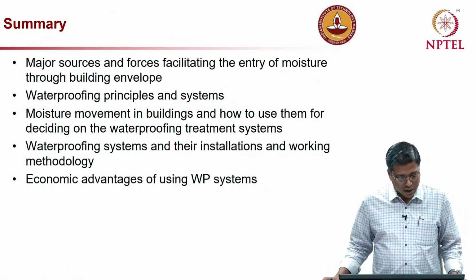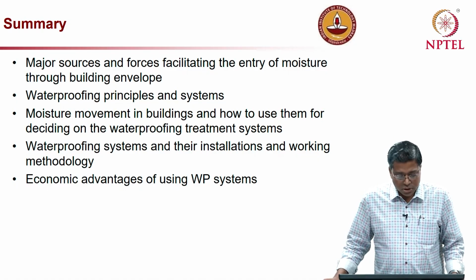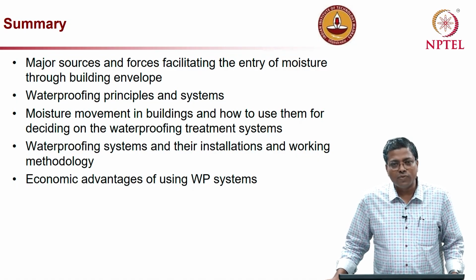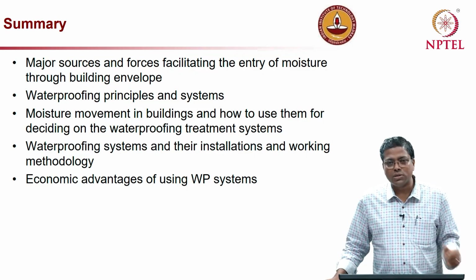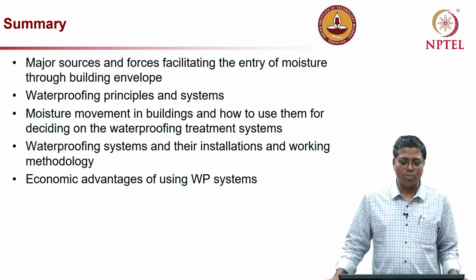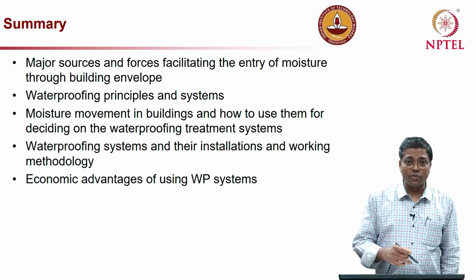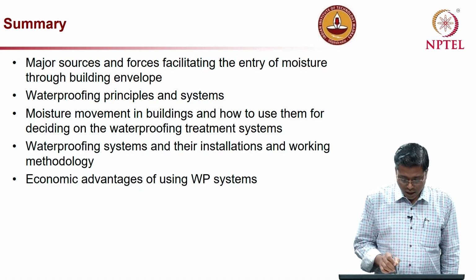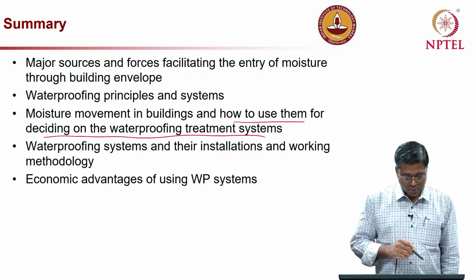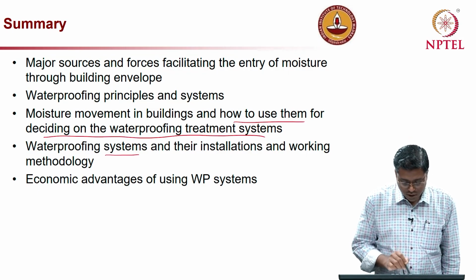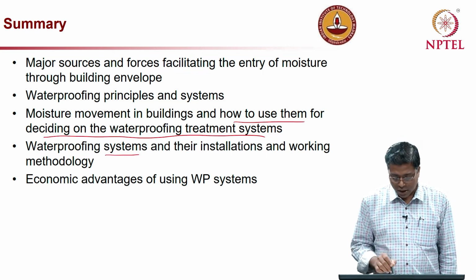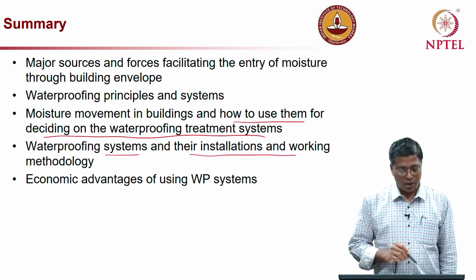Okay, so to summarize, we looked at the major sources of water and the different forces, like the principles of how water gets into the buildings, and then we also looked at how water flows through the building and how to use that for deciding on waterproofing treatment systems. We also looked at some typical waterproofing systems and how they can be installed.